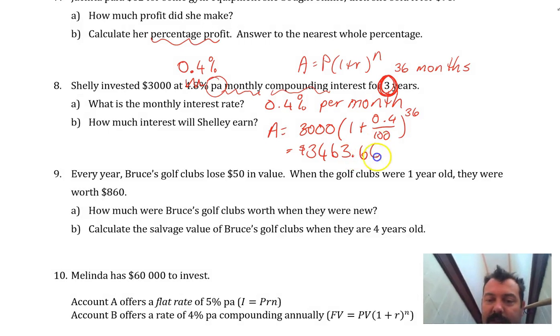But even still, you can see this complicated question, that's not the interest. If Shelley puts $3,000 in the bank for 3 years, at the end of that time she'll have this much money. Her interest then, right, you've got to take the original 3,000 away. So my interest is a neat 463.66, I say neat because it's easy to work out.